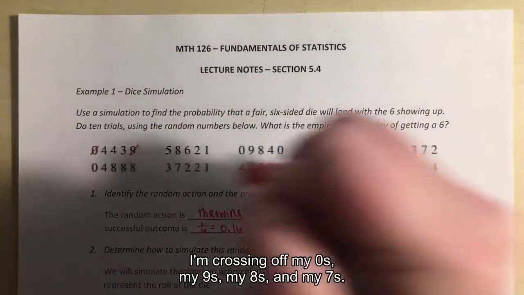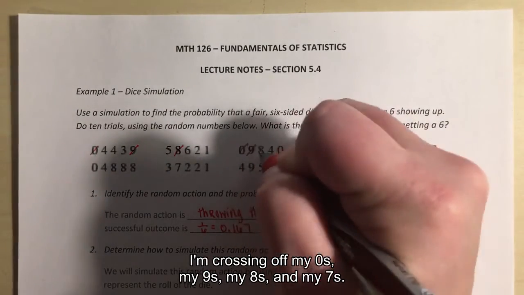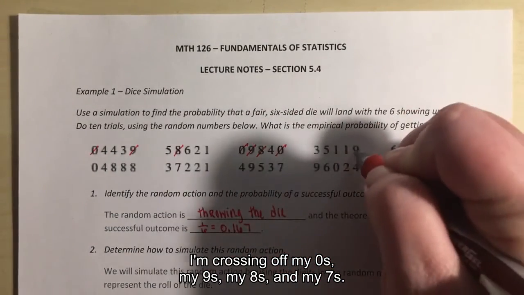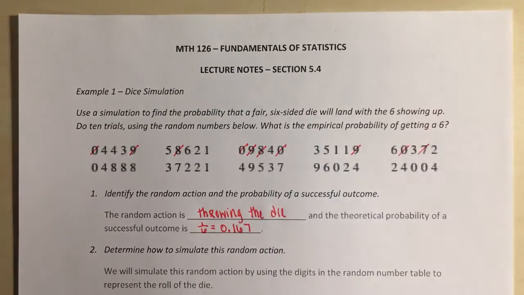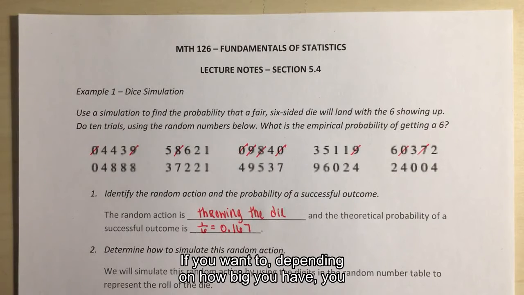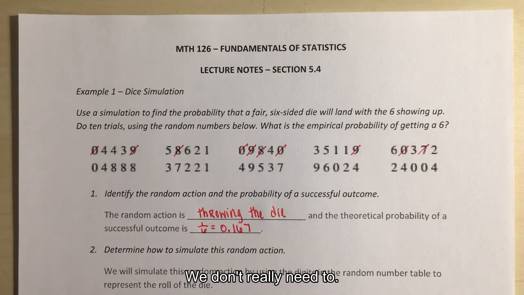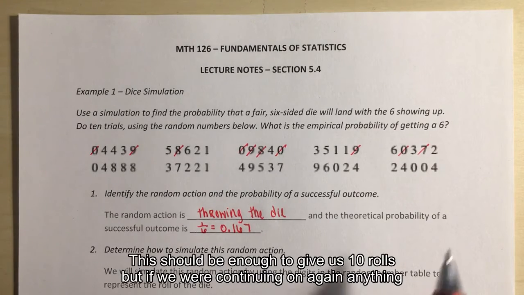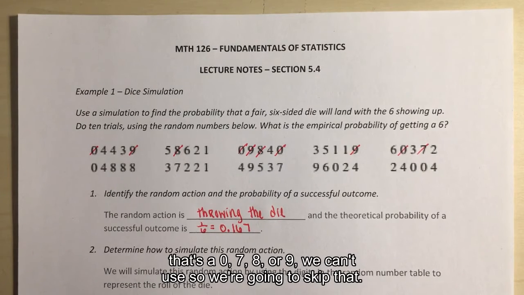I'm crossing off my 0s, my 9s, my 8s, and my 7s. Depending on how big you have, you could eliminate stuff in other rows, but we don't really need to. This should be enough to give us 10 rolls. But if we were continuing on, anything that's a 0, 7, 8, or 9, we can't use, so we're going to skip that.